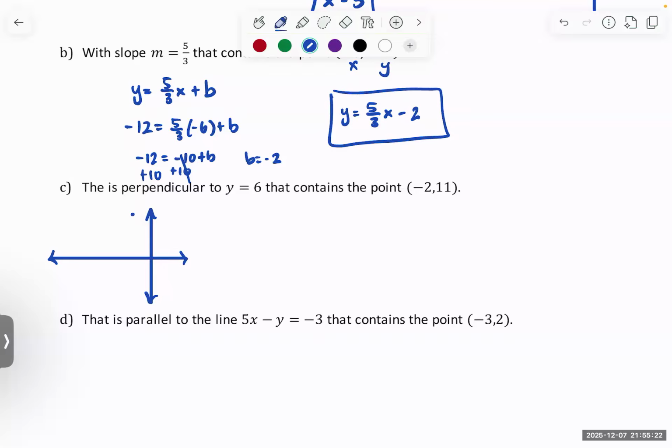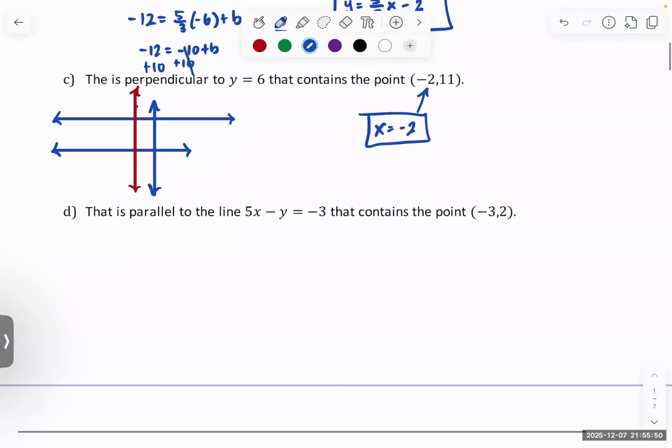And when y equals 6, that means it's going to be intersecting through this line. And it has to contain that point. So that point is pretty much just whatever the x value is here, which is x equals -2. That's the line.